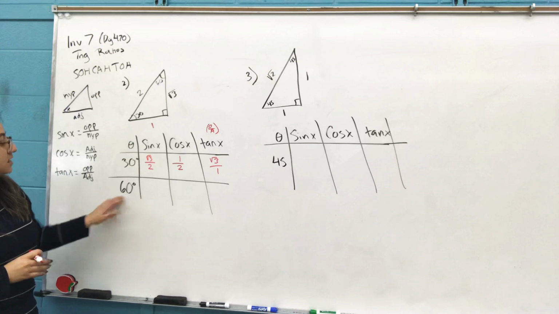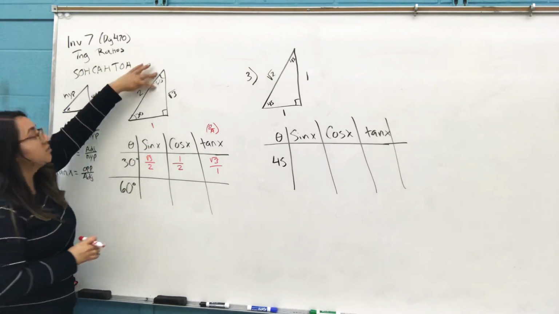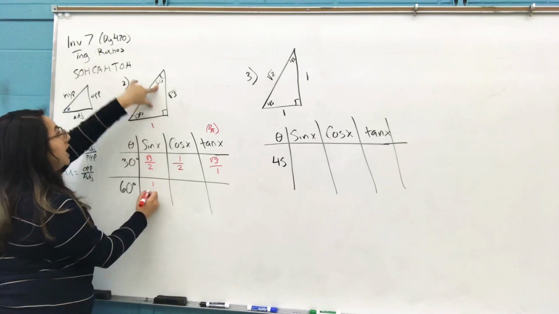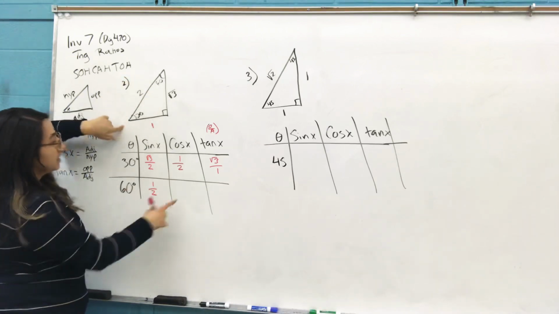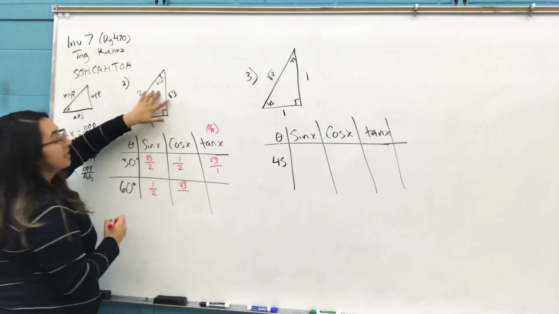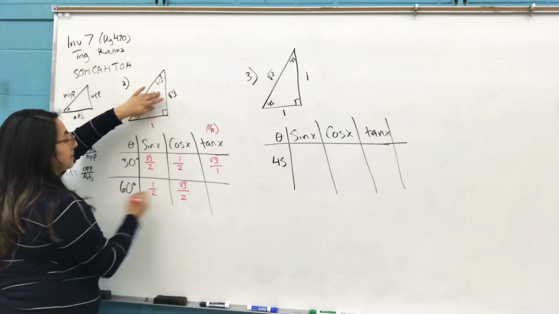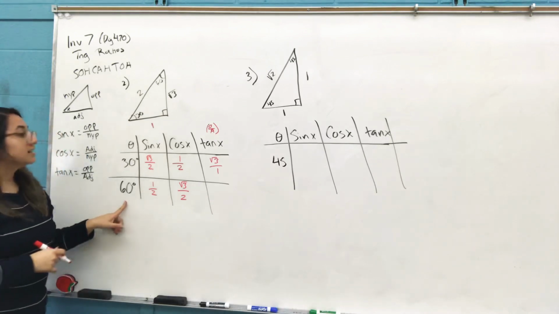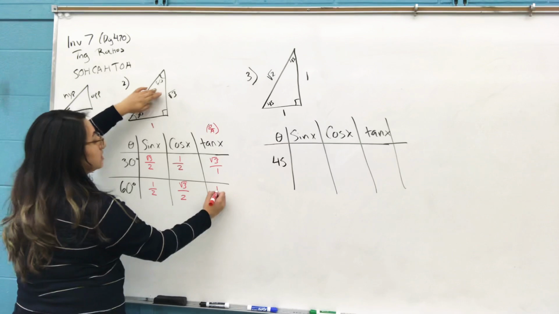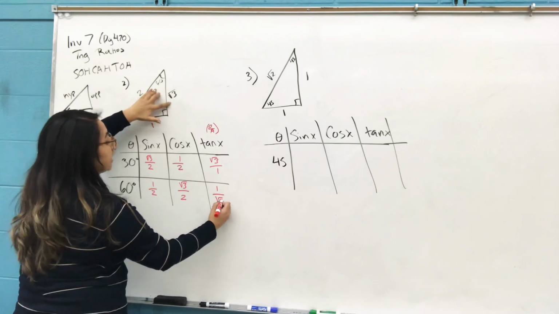Next one, 60 degrees. The sine of 60, now we're focusing on this angle. The opposite side of 60 is 1, and the hypotenuse is 2. Cosine: the adjacent side of 60 is 30 and the hypotenuse is 2. And now tangent is opposite over adjacent. The opposite side is 1, and the adjacent side is radical 3.